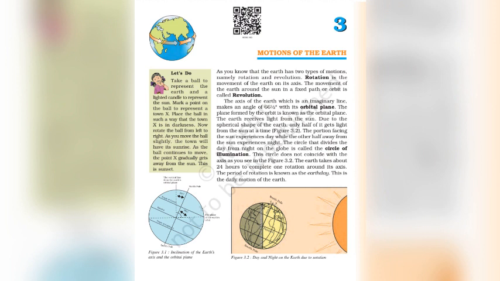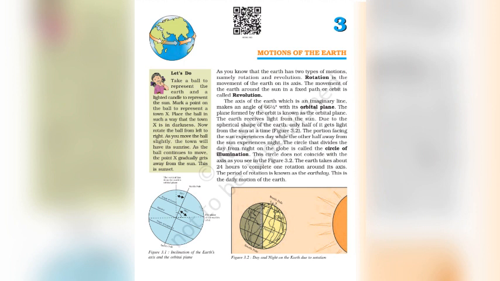Let's do. Take a ball to represent the earth and a lighted candle to represent the sun. Mark a point on the ball to represent a town X. Place the ball in such a way that the town X is in darkness. Now rotate the ball from left to right.